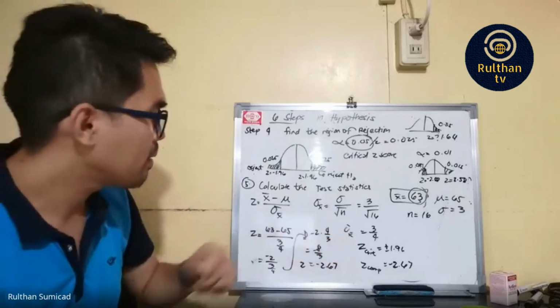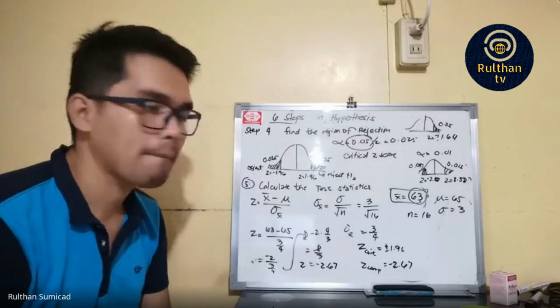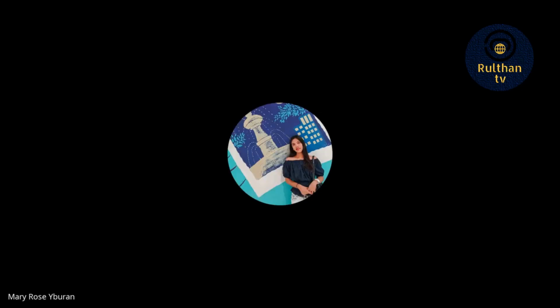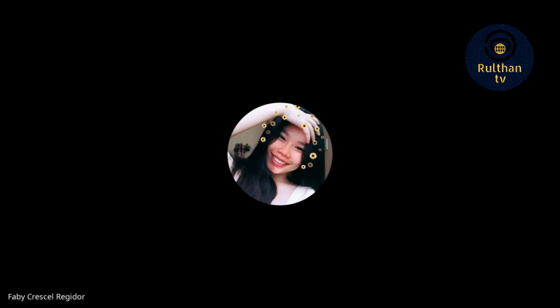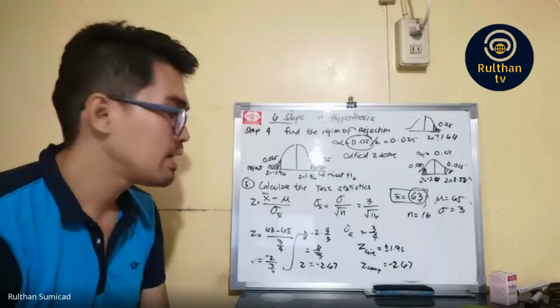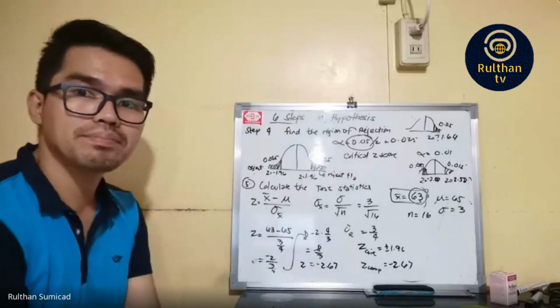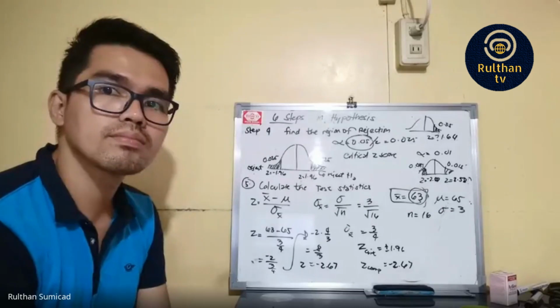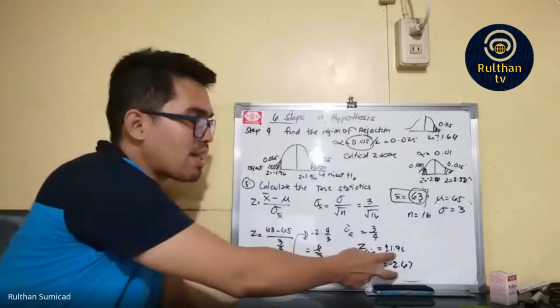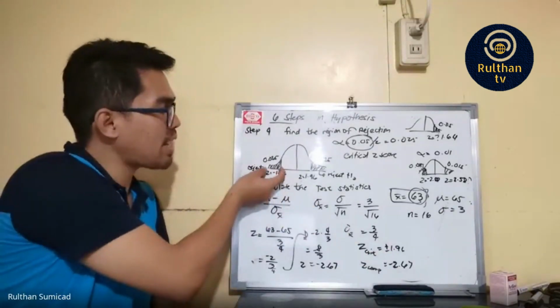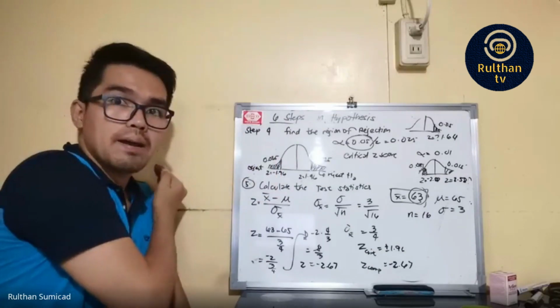Comparing this one, z computed and z critical. If that's the case, what's the decision? Meaning to say, this computed value falls on this area.